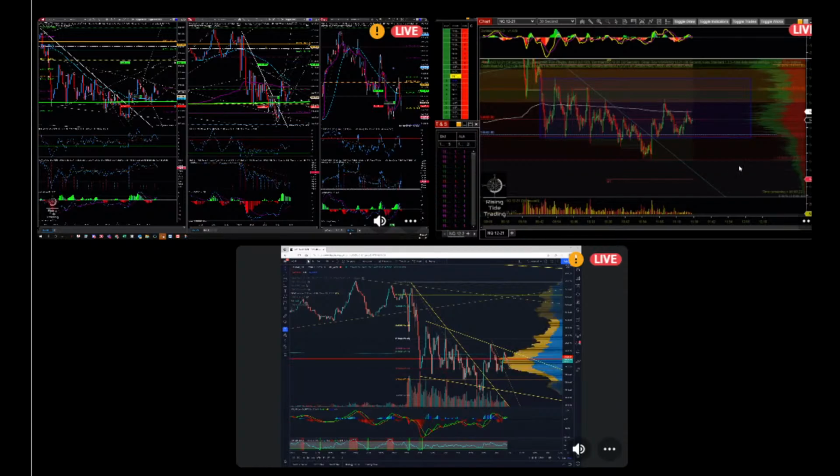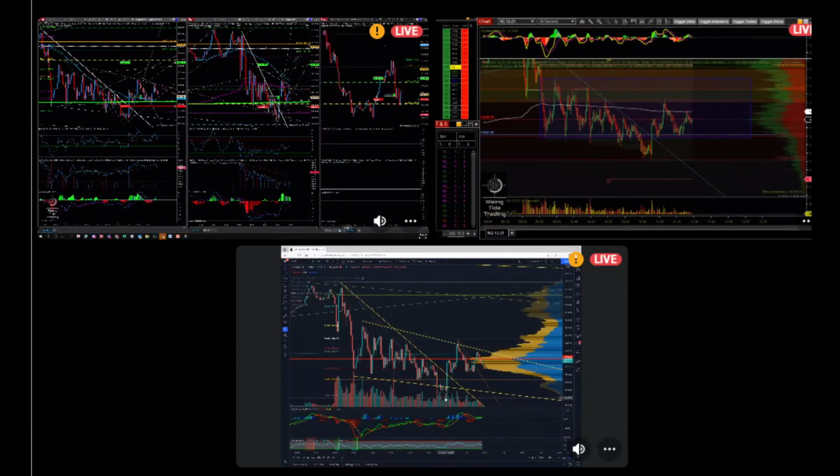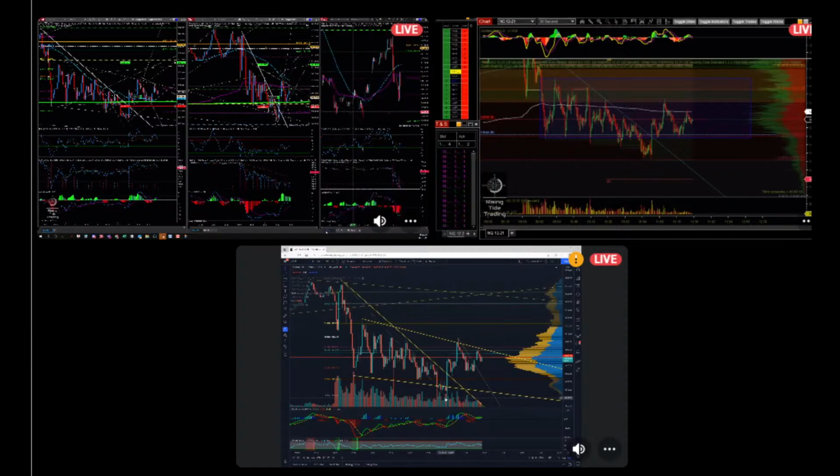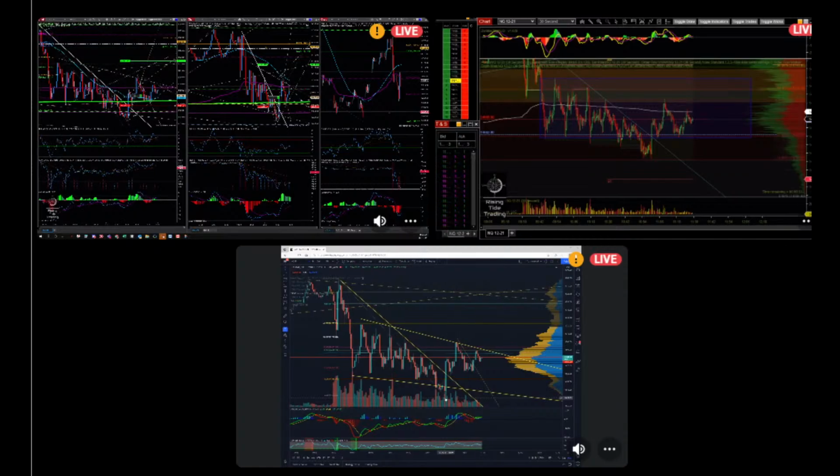The question I had to that comment was, in that case, shouldn't we look at a higher time frame momentum? Right now I went back to the daily to see if anything changed there. No, the same thing as this morning.